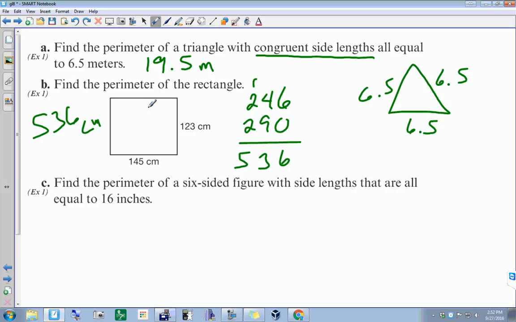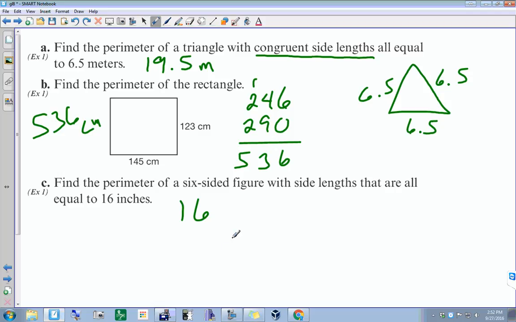Let's see. We already picked on her, so we're going to go to Isaac. What did you get for C? Nope. Sorry, sir. It's a six-sided figure, so how many sides are on a six-sided figure?